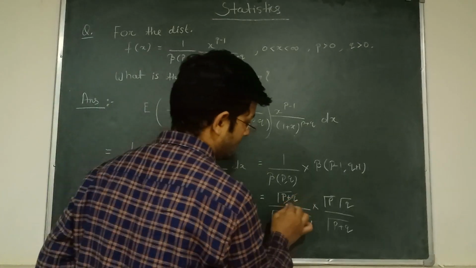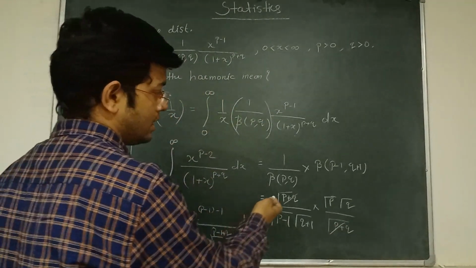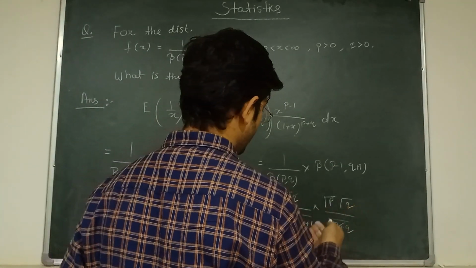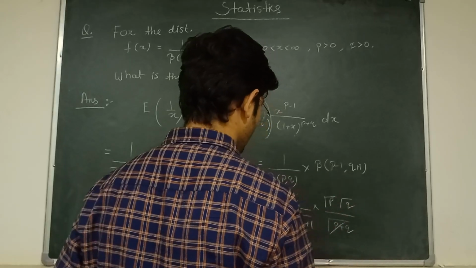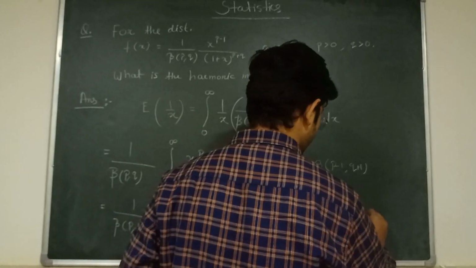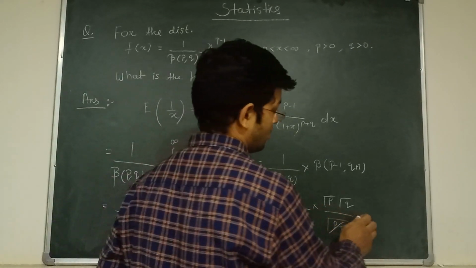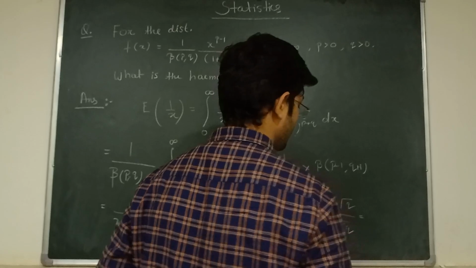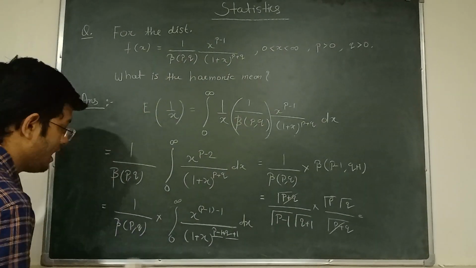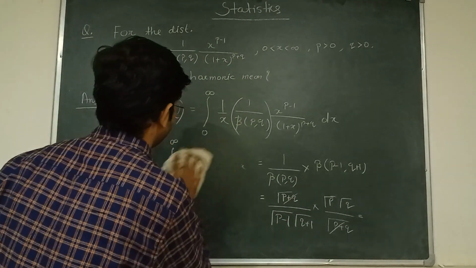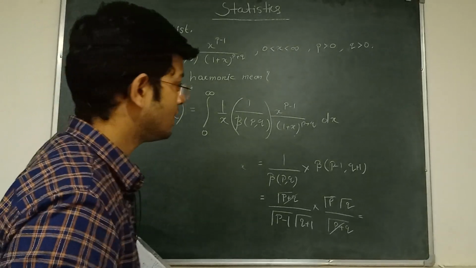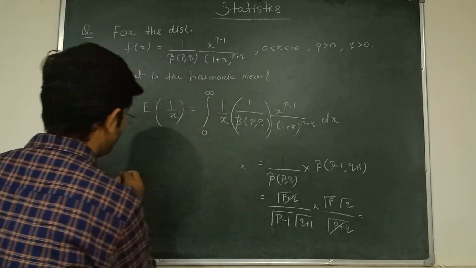Now p and this cancel out, and the p and q are written as, if we divide it. So how can we write this?